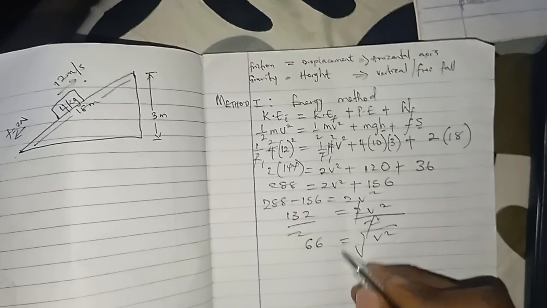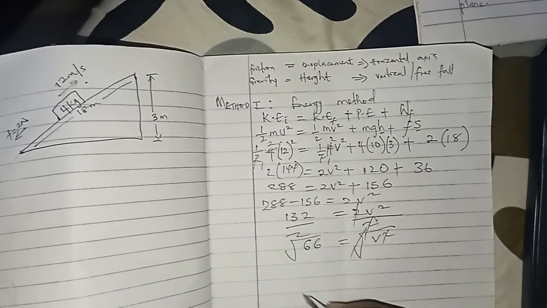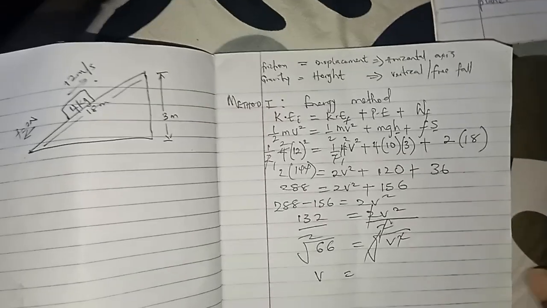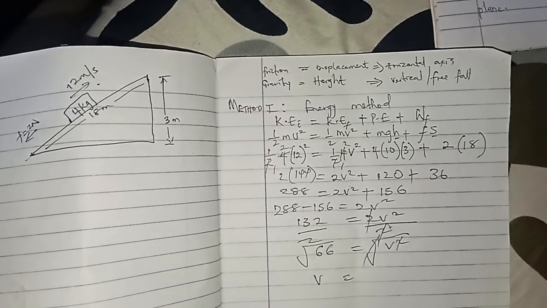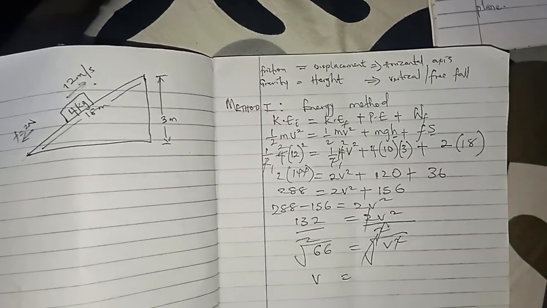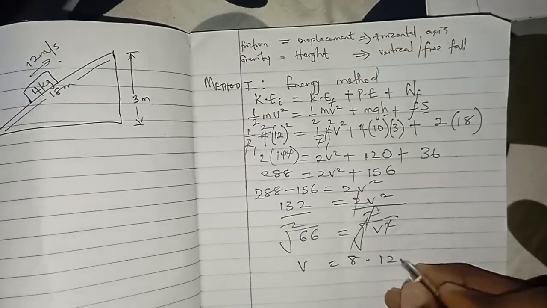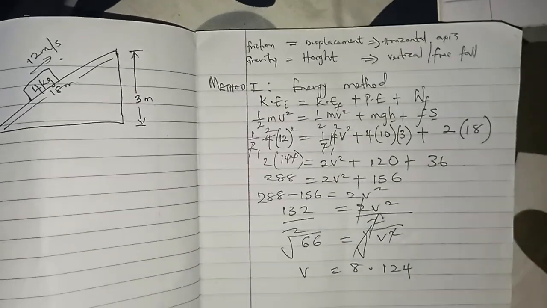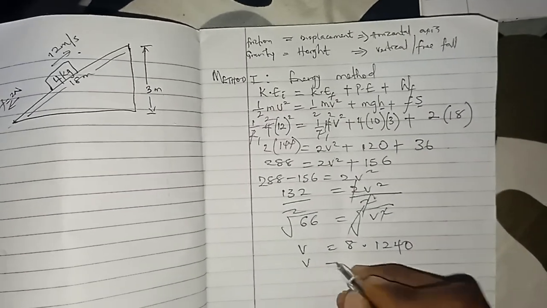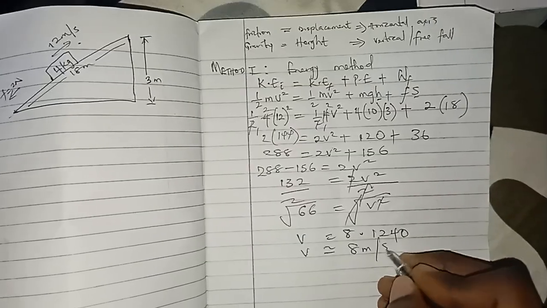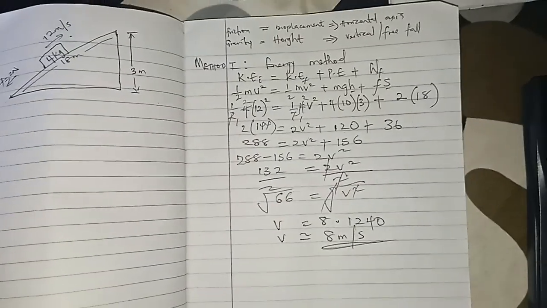So to make v the subject of the formula, take the square root of both sides. So v equals the square root of 66, which equals 8.1240. v is approximately 8 meters per second. So this is it, the energy method.